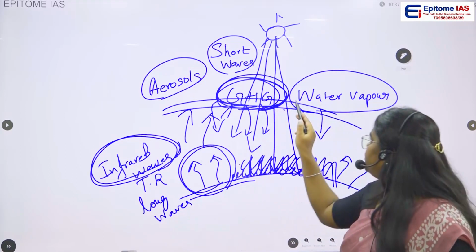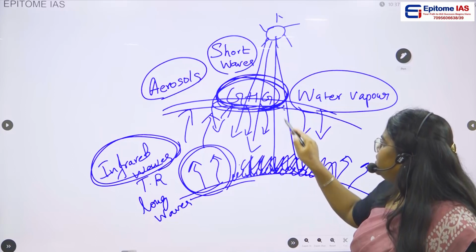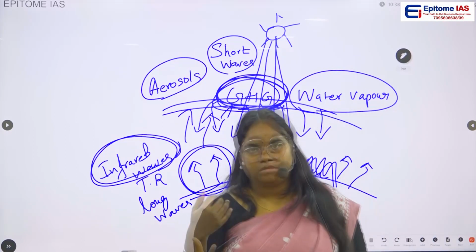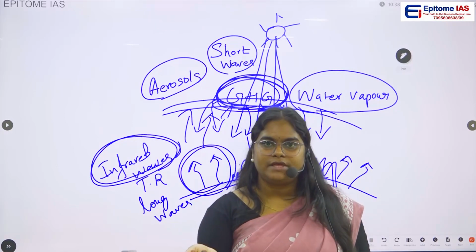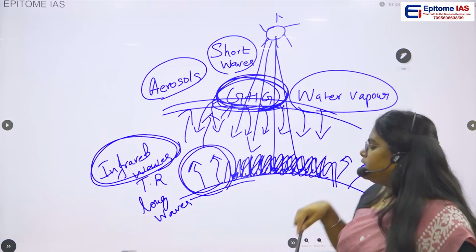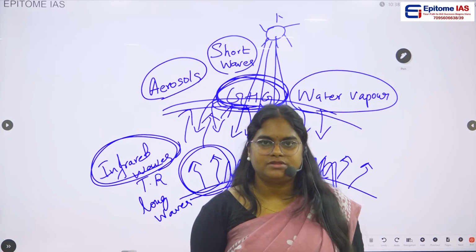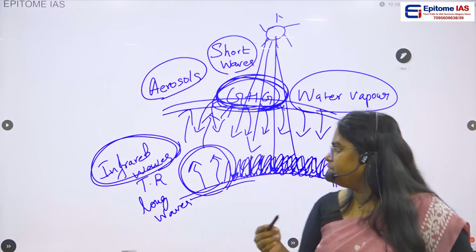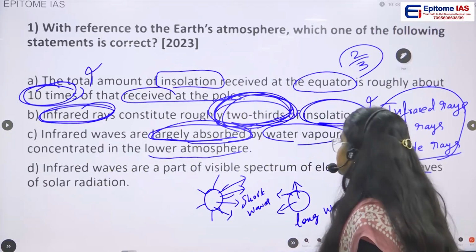When there are more greenhouse gases, they re-emit more infrared rays, the long rays, back. Then what will happen? More increase in the temperature of the earth will happen. This will lead to increased global warming.